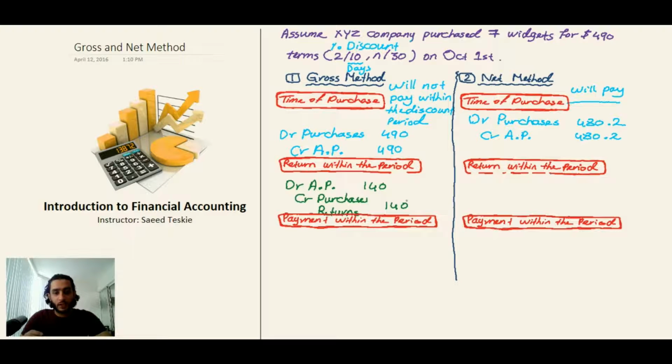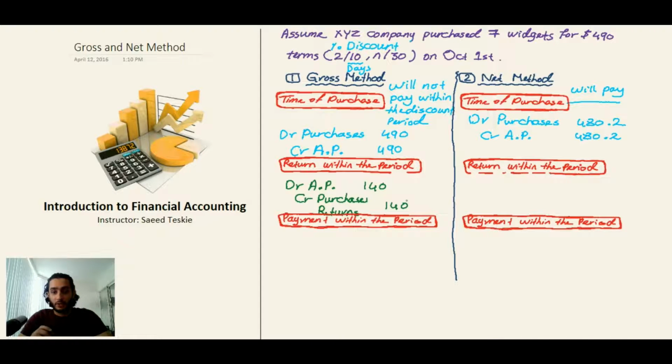Notice that purchase returns is a contra account of purchases. We will not credit purchases to reduce it. You will know later, when you come to preparing the cash flow statement, why we don't do that.